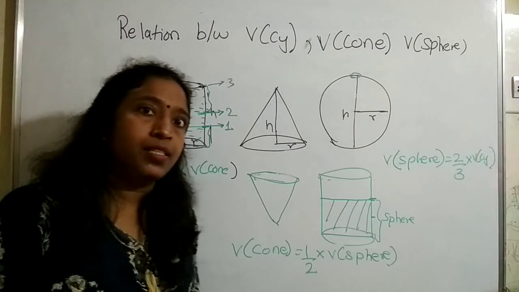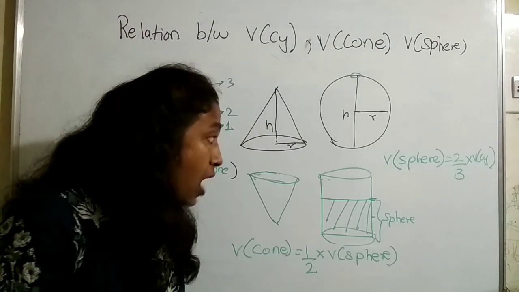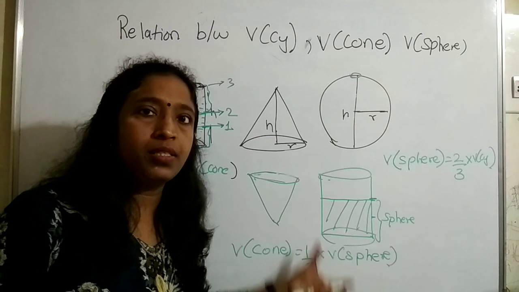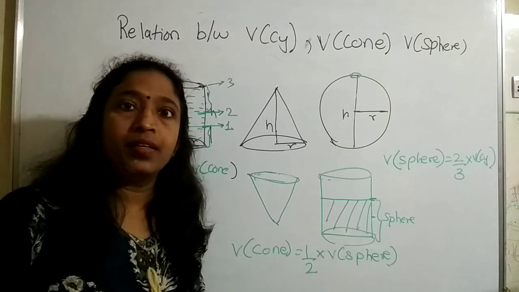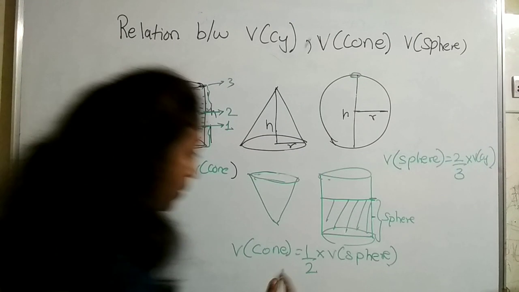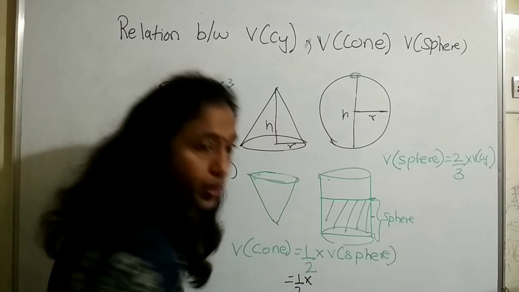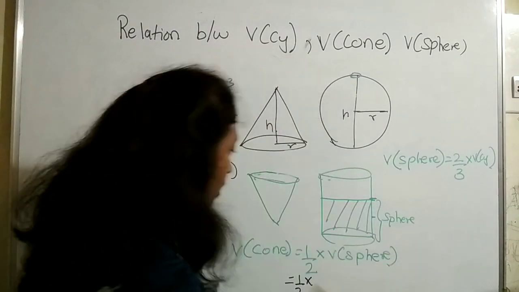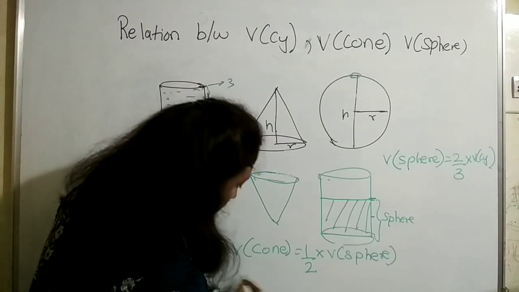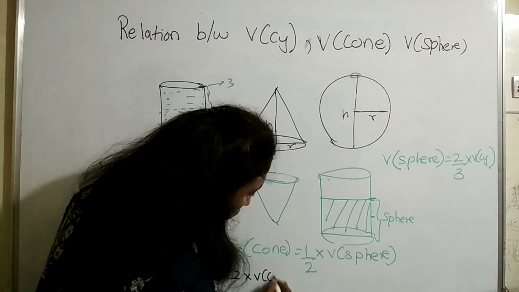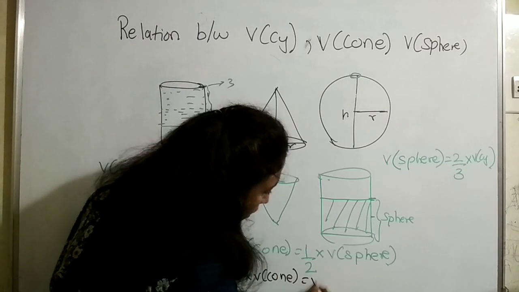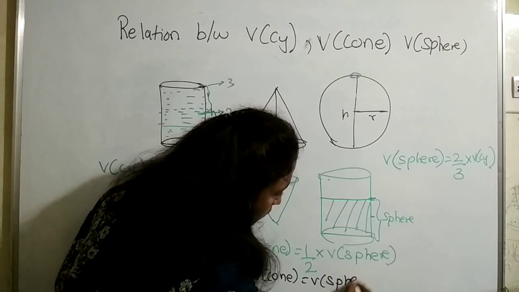Can we say volume of cone is half the volume of the sphere? That means it is twice, it is filling twice the volume of the sphere. So if I want to derive the formula, we have to find the volume of sphere, right? So twice the volume of cone is nothing but volume of sphere. This also I can say.